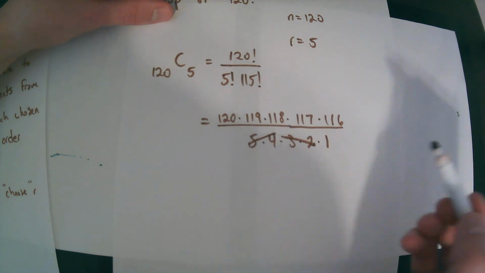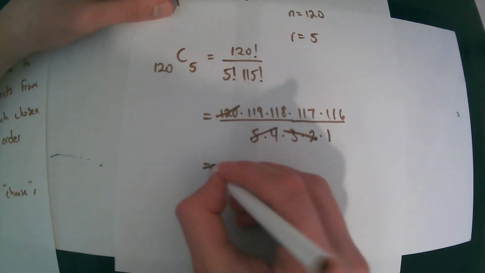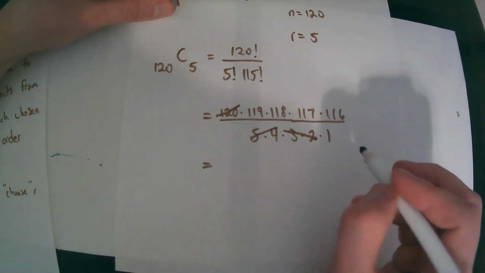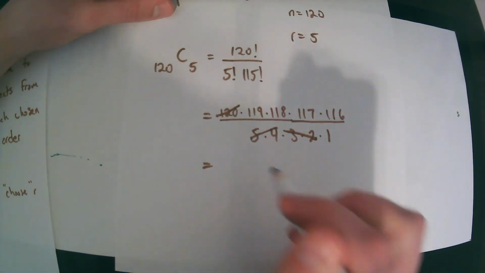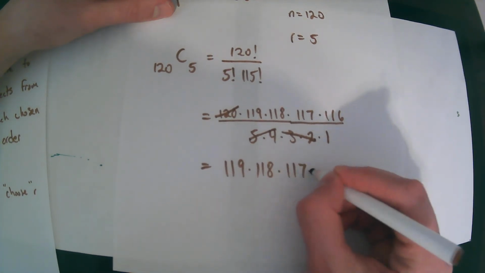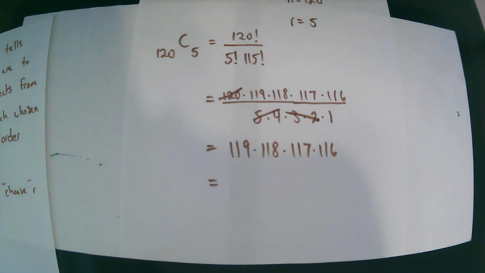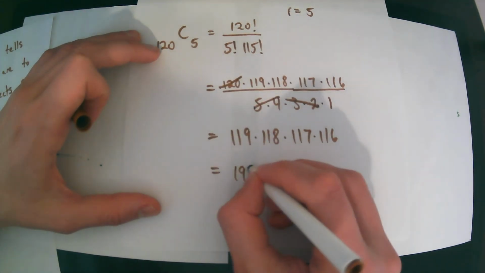So actually, very nicely, all 4 of these cancel with this first term. It usually isn't that easy, but that's pretty nice. And of course, this 1 doesn't matter. So now I'm just left with these 4 numbers, and that needs to be punched into the calculator. 119 times 118 times 117 times 116 is 190 million.